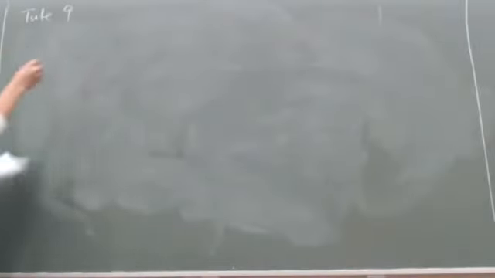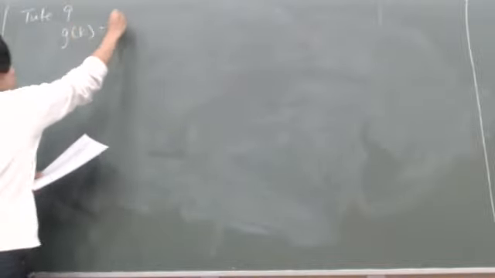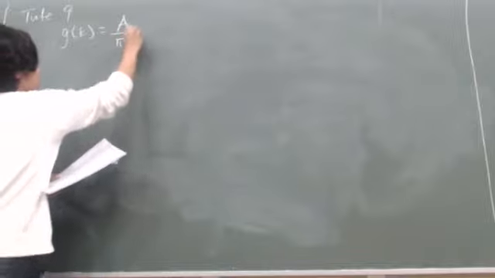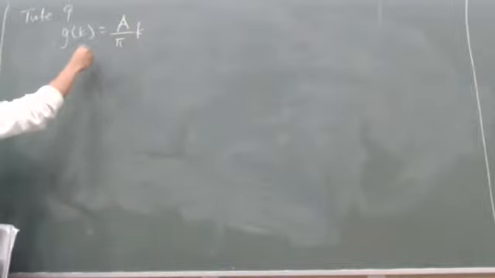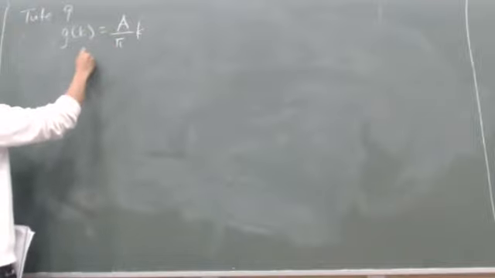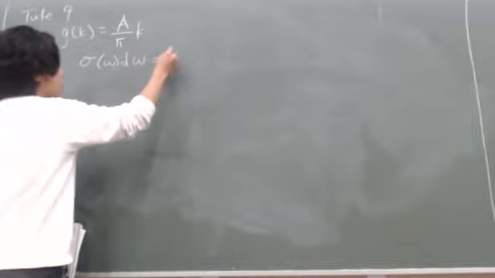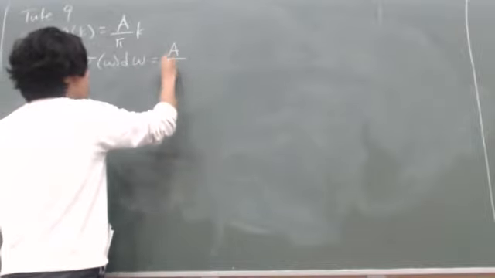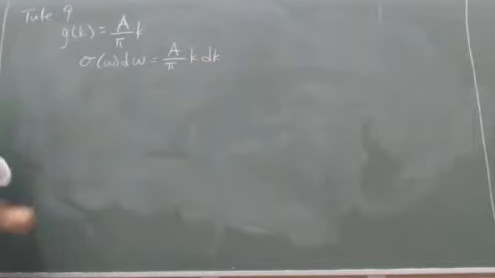Okay, so what we have so far is that G of K is equal to A on pi K. To relate this back to sigma, sigma omega d omega is equal to A over pi K dk.